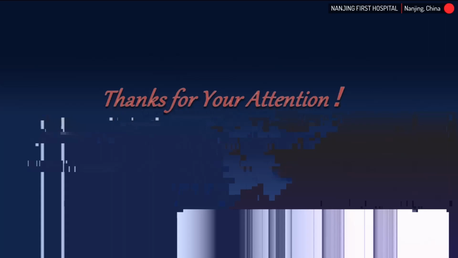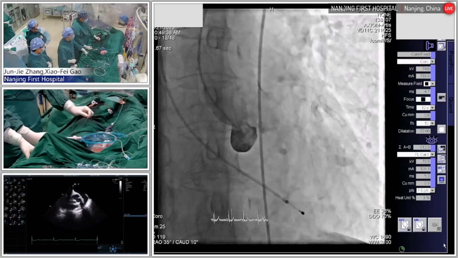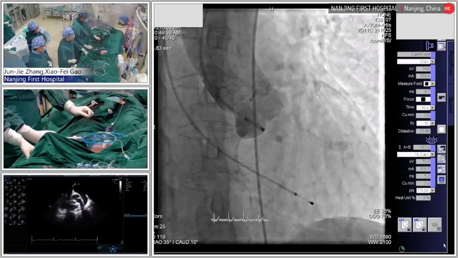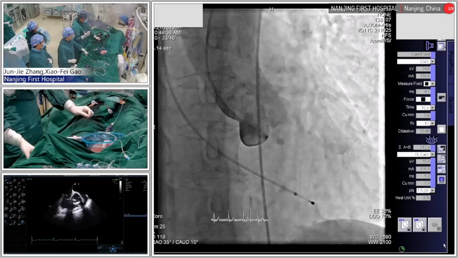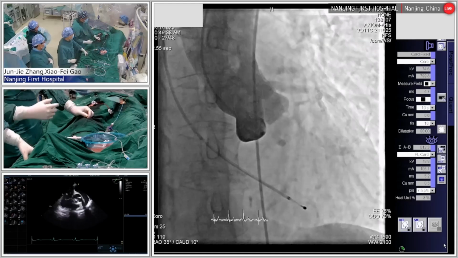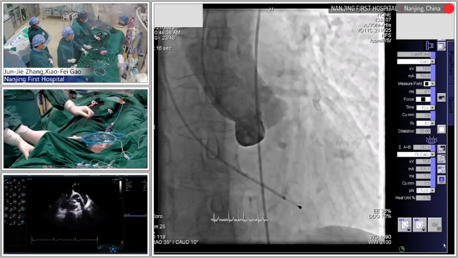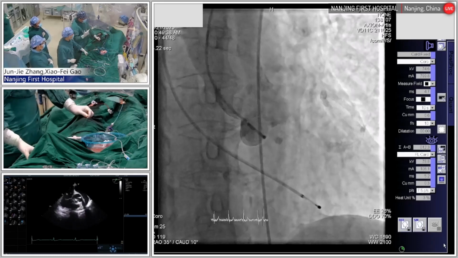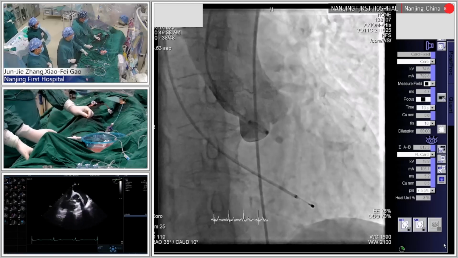This is the aortic root angiogram. You can see a very eccentric calcification. For the non-coronary cusp, the leaflet was mobile with minimal calcification. For the left side, because it's a typical BAV case, the left and the right cusp were fused with a calcified raphe.